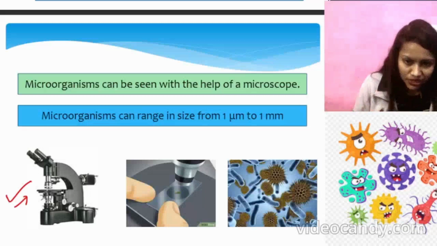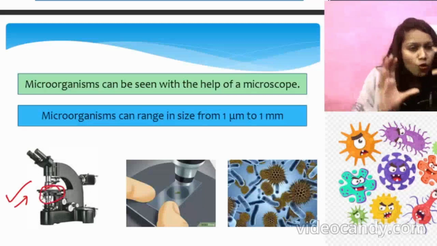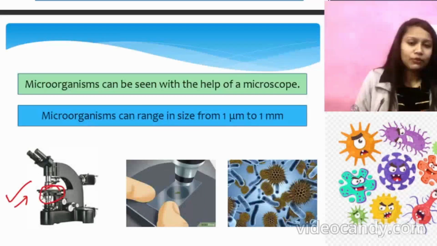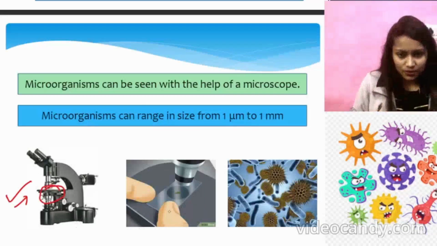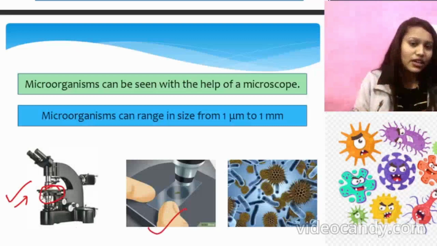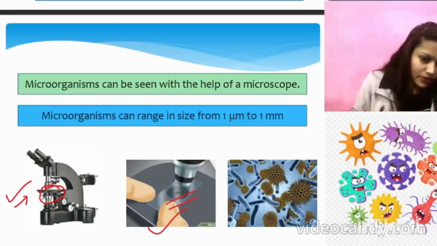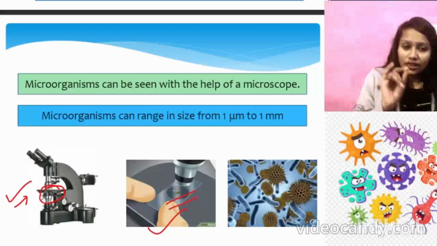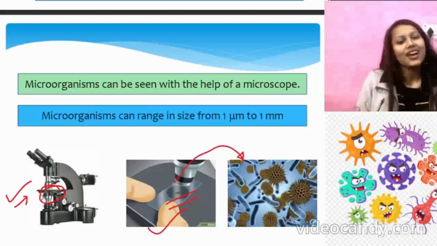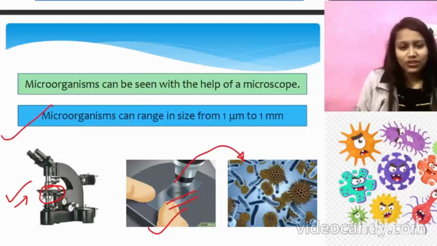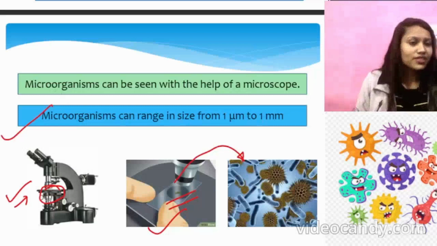We zoom in and then we are able to observe the microorganisms like this. In this slide, there is a small sample, and when we look closely, we find microorganisms moving around. It is also written here that microorganisms can range in size from 1 micrometer to 1 millimeter, and they can be seen with the help of a microscope.